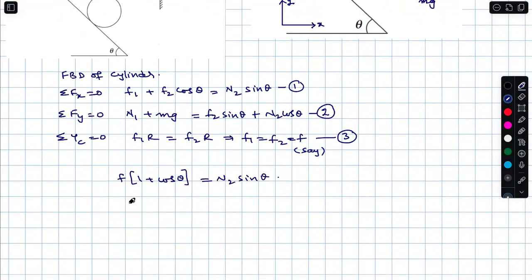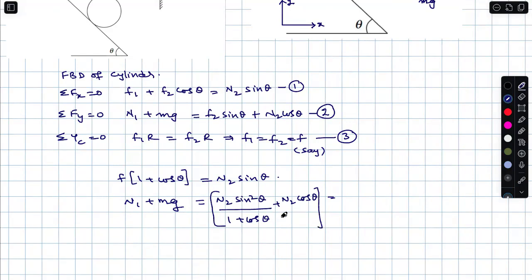Now N1 plus Mg is equal to F sin theta, which means N2 sin square theta by (1 plus cos theta) plus N2 cos theta. Do you remember? Same situation we had earlier.